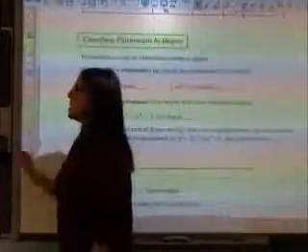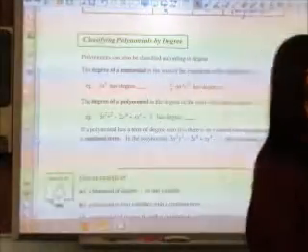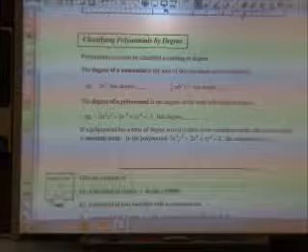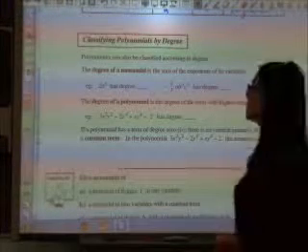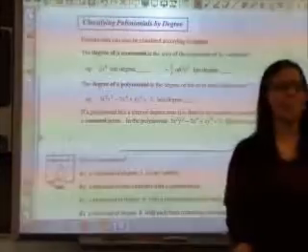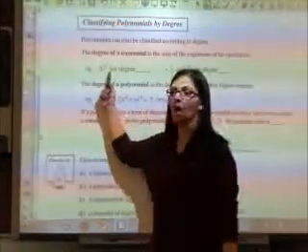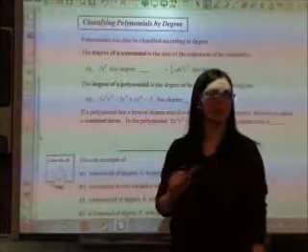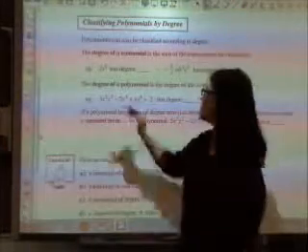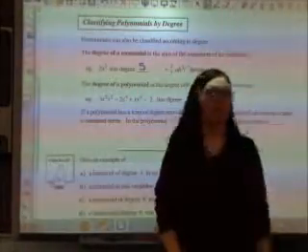So in addition to classifying polynomials based on the number of terms, we can also classify them based on the degree. The degree has to do with the exponents. So in 2x to the power of 5, what is the exponent? 5. So the degree becomes 5.